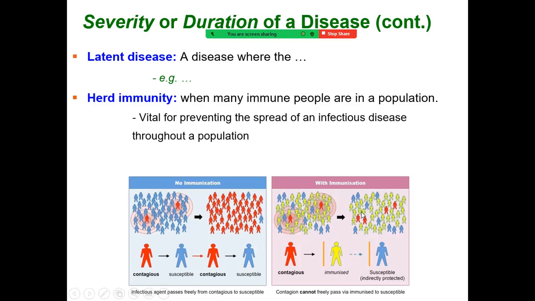And so the disease doesn't spread to like this individual or that individual because it has to go through somebody who's immune, and it's not going to grow in the immune person.